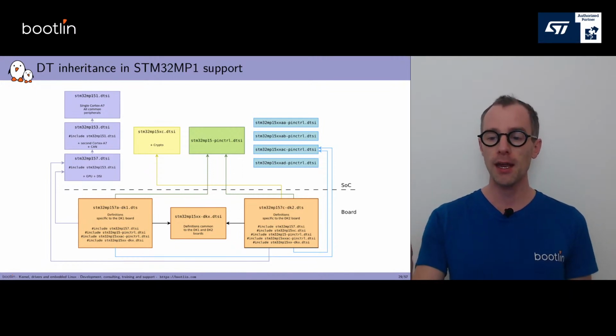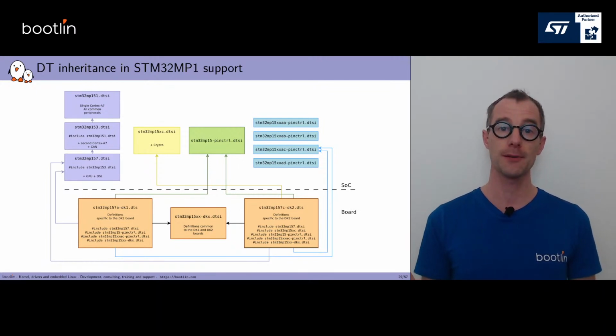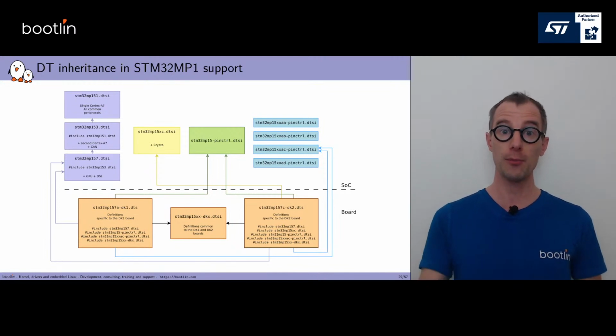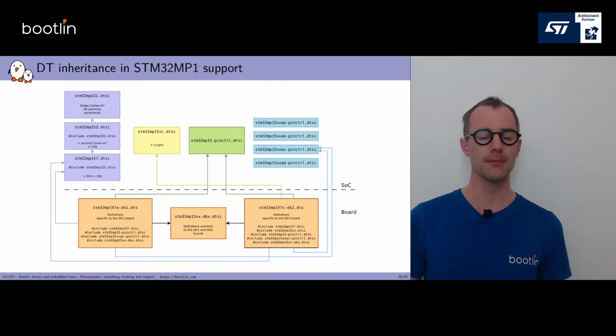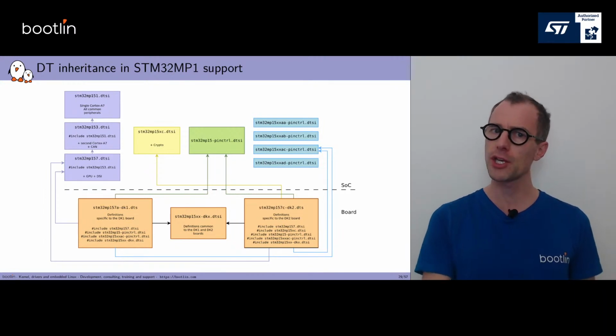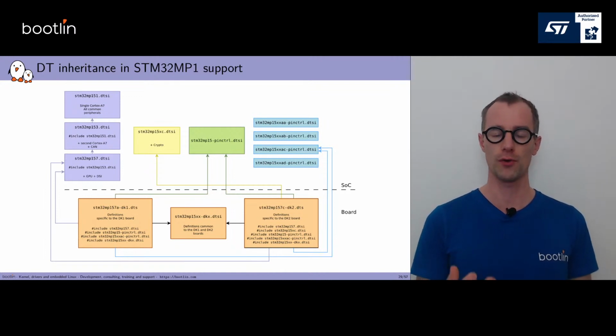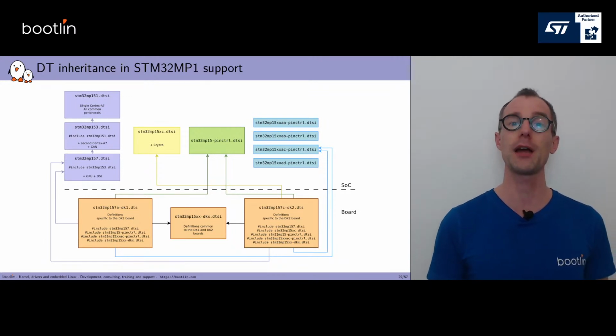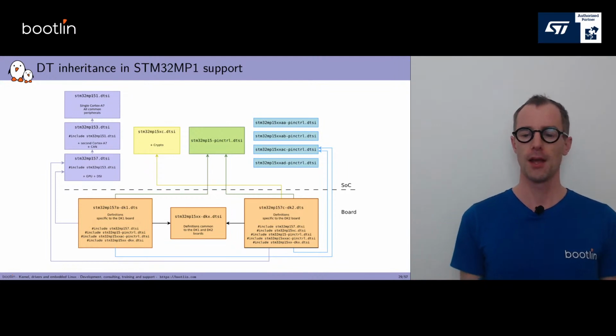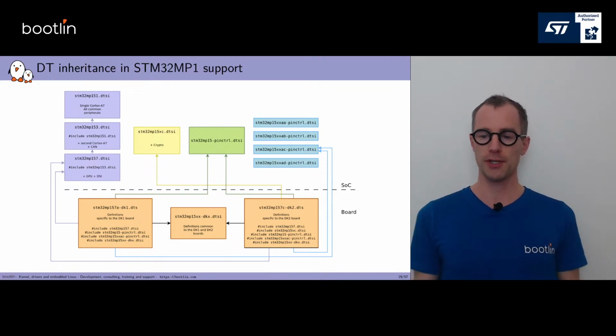And these AA, AB, AC, AD names are named after the type of packages that you can get. When I'm talking packages, I'm talking about BGA packages or things like that, really the type of package for the ICs. So that's for the SoC level representation.